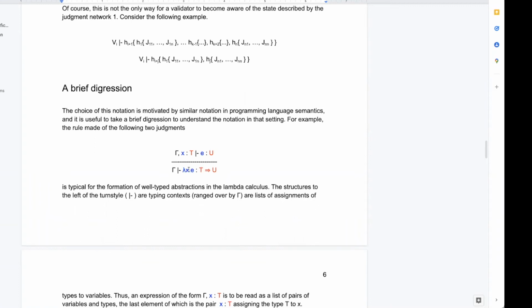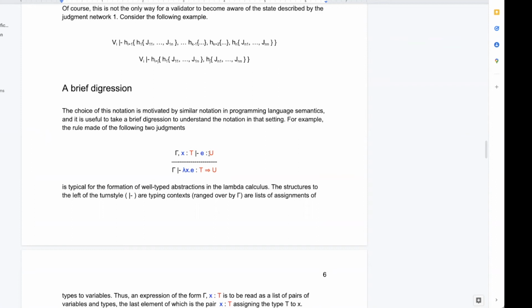So this t is governing this x. If you give me a t, I can produce a u. Essentially, this is just a restatement of what this says. If I know that x is of type t, I can produce an e of type u. That's tantamount to being able to form a lambda abstraction. If I know that x is of type t and you've given it to me, then I can produce an e of type u.